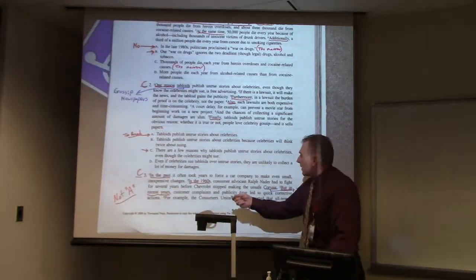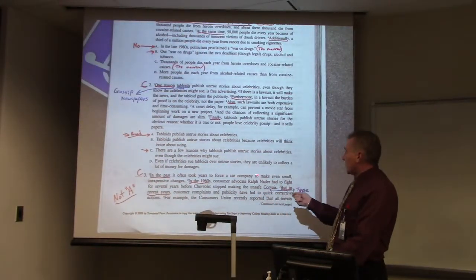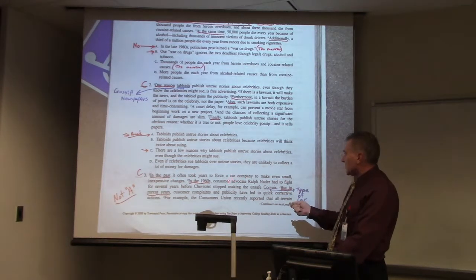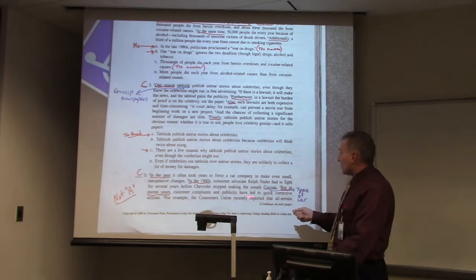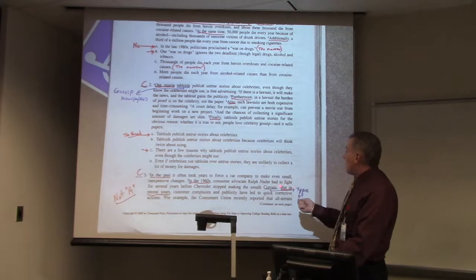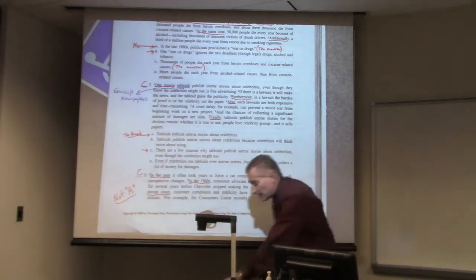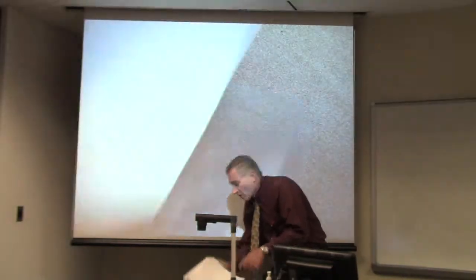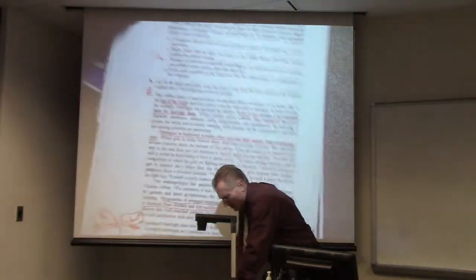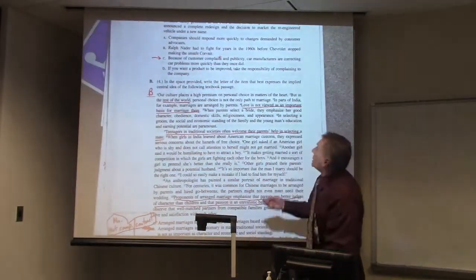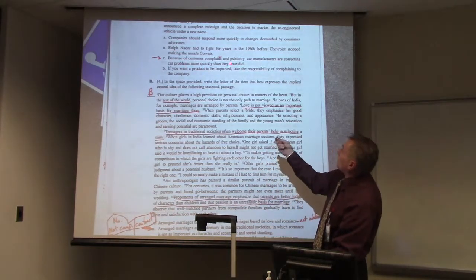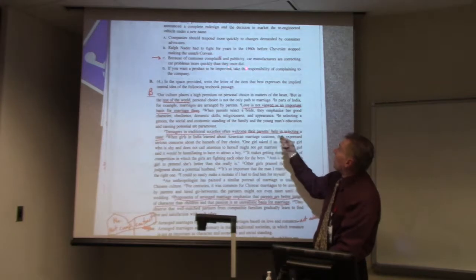All right, if you can see down here at the bottom, it says, in the past, it often took years to make changes. And then they give an example, and then you have a big transition. But in recent years, and then they go on to explain, as I showed you on the next page, why they're making much faster changes more quickly than they did before, okay, because of customer complaints and publicity.